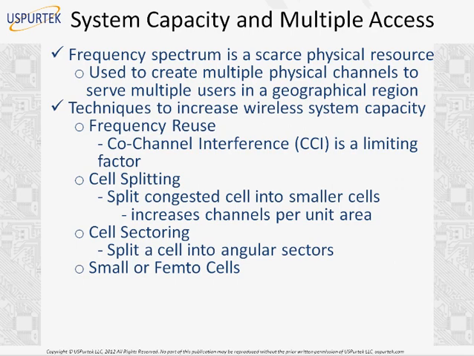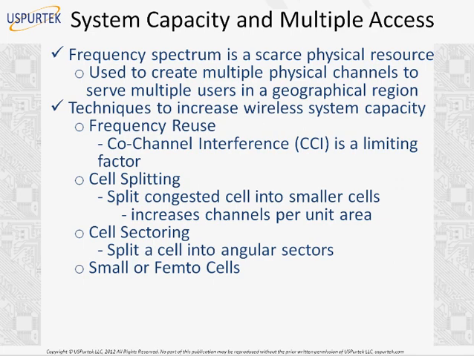One very popular technique which has been used since the beginning of digital communications is frequency reuse, where we serve one set of users with one frequency, and again we reuse it. In this case, co-channel interference will be a limiting factor, as we'll see in a little more detail in the next slide.